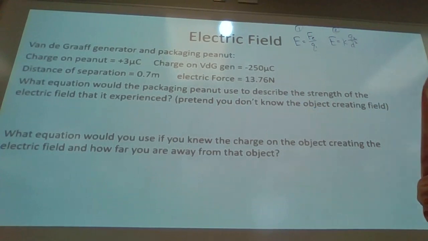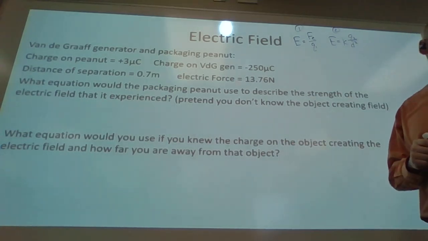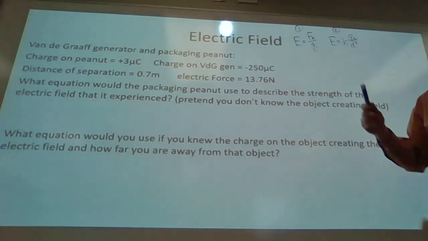So, from the point of view of the packing peanut, and this is tapping on the stuff that we had in the video, which equation should I use from the perspective of the packaging peanut? What the scout experienced? Equation 1, equation 2.